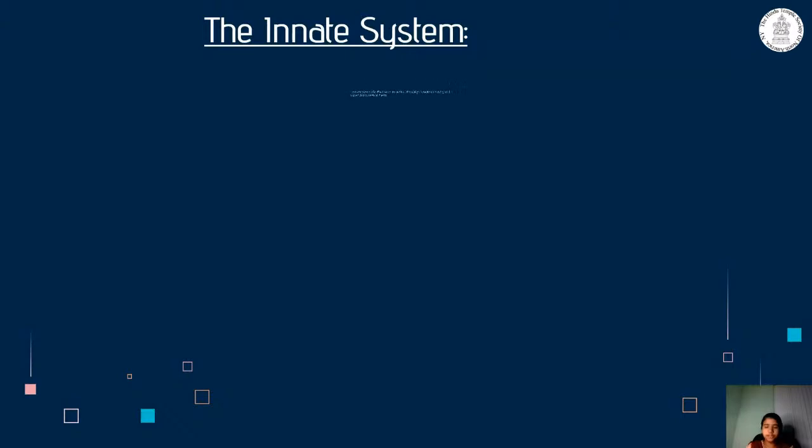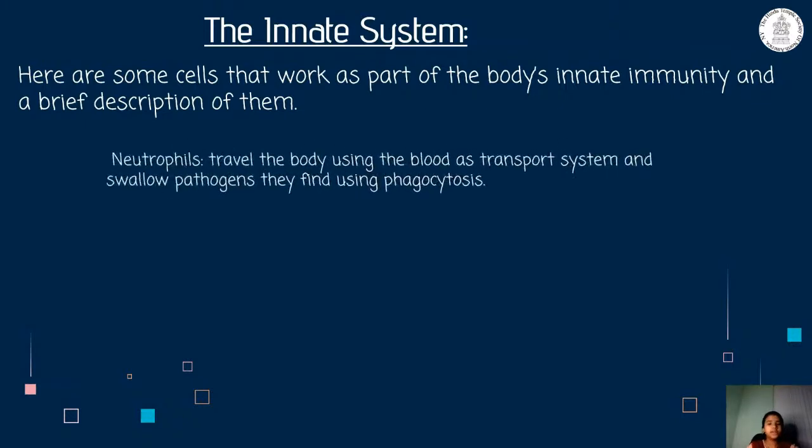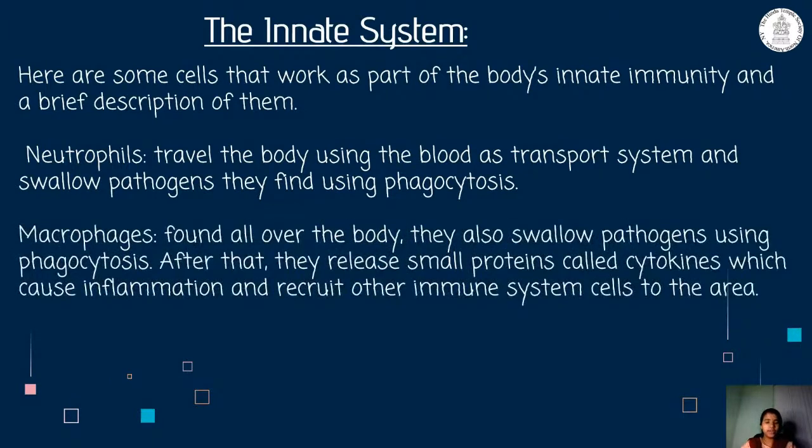Okay, so let's move on by talking about some cells that work as part of the body's innate immunity, and a brief description of them. Let us start off with the neutrophils. These travel the body using the blood as a transport system and swallow the pathogens they find using phagocytosis. Macrophages are found all over the body, and they also swallow pathogens using phagocytosis.